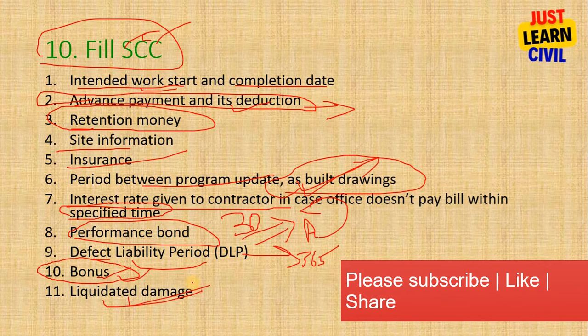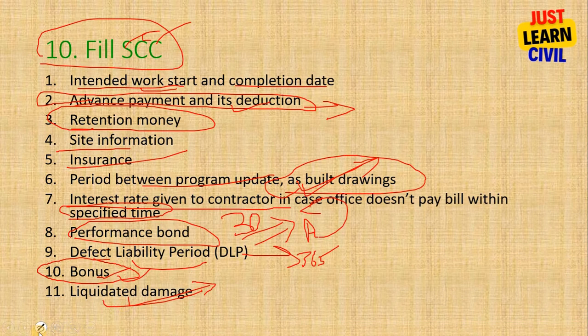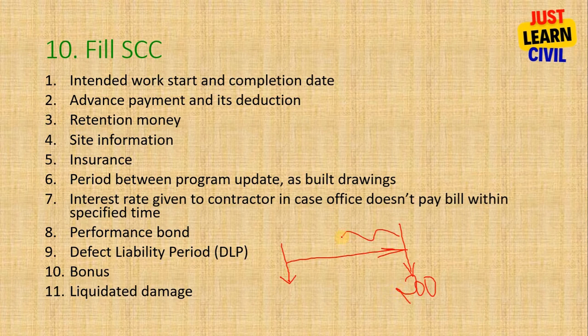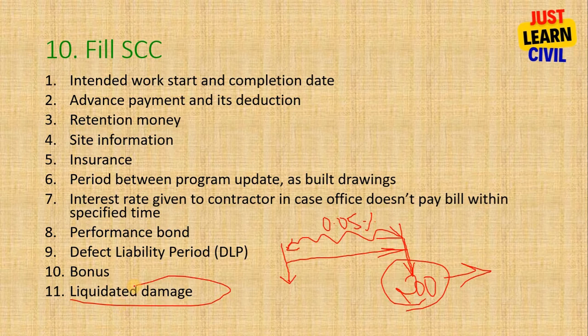Liquidated damage, if the contractor fails to complete the work in time, suppose today was the last date and the contractor fails to complete the work, then we can provide a maximum of 200 days as per our act and regulations, and within these days the contractor has to pay 0.05% fine for each day and can complete the work up to a maximum of 200 days. After 200 days the contract will be terminated. So that is LD, or liquidated damage.